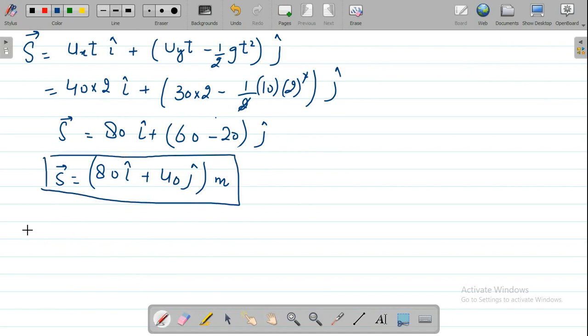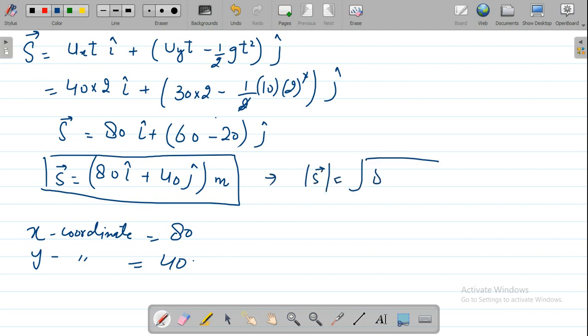So now the x coordinate is, this is i cap means it's along x, it's 80. So the x coordinate is 80 and y coordinate is 40. Okay, if we have to find the magnitude of displacement, it will be root of 80 square plus 40 square.